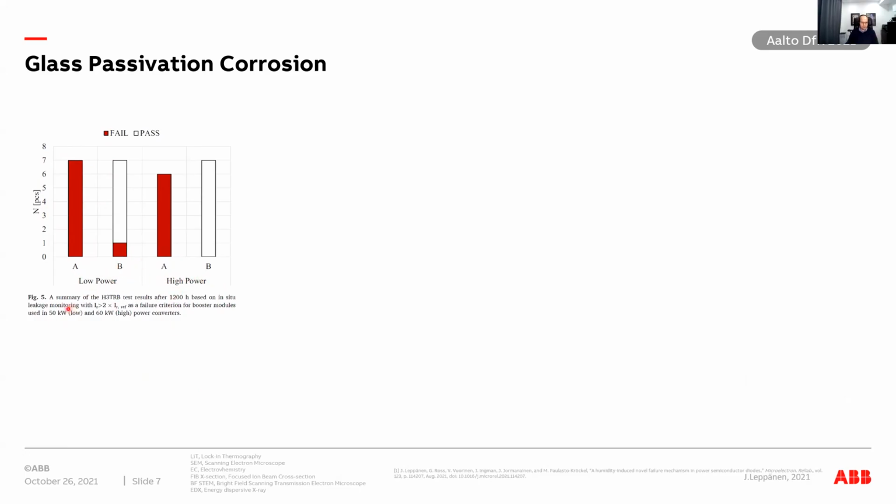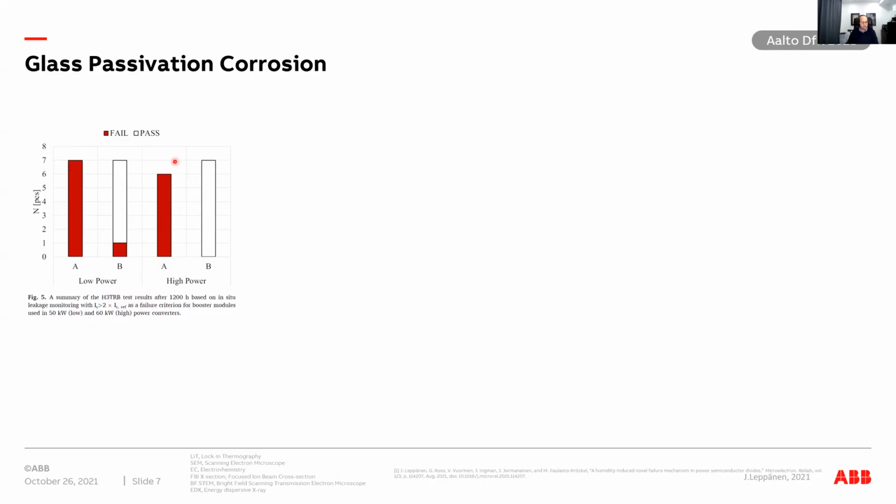Well, all of these were high power if you think about it, 50 kilowatts and 60 kilowatts. But all of this A technology failed, and they were glass passivated, and only one single chip failed from the B type. We didn't investigate this one single failure too thoroughly, but we concentrated our efforts on technology A, and why it doesn't withstand this test at all.